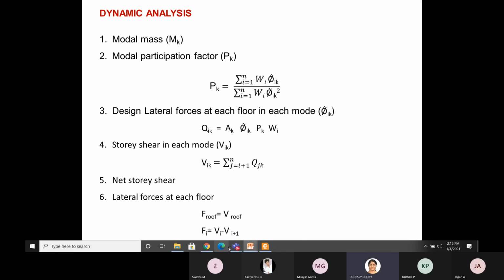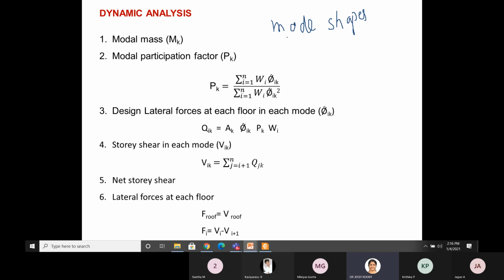In structural dynamics, you must have learned about the mode shapes. Do you remember anything like this? Those who have learned structural dynamics must have learned about the mode shapes of the building. Do you remember anything?